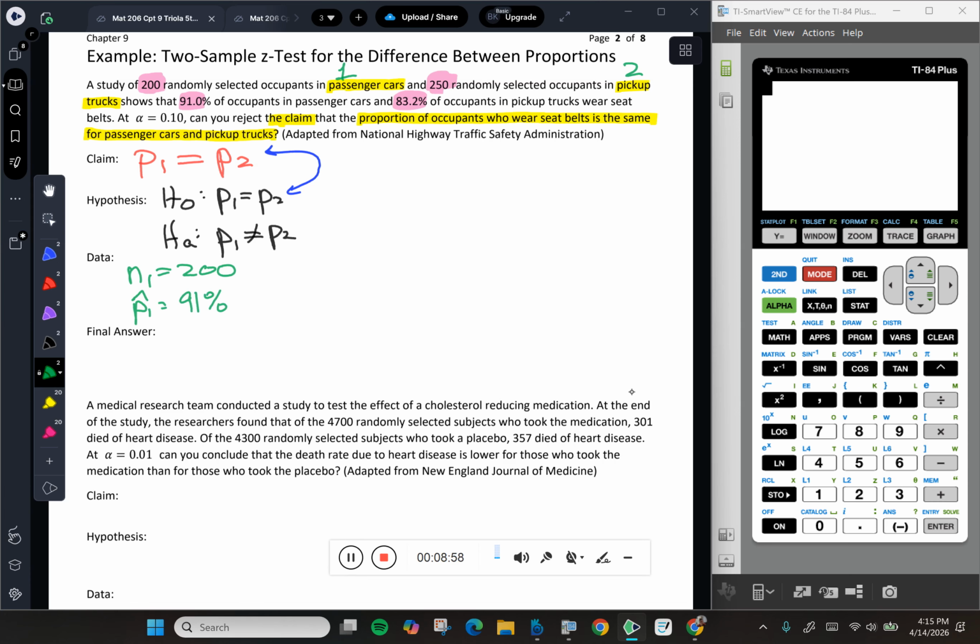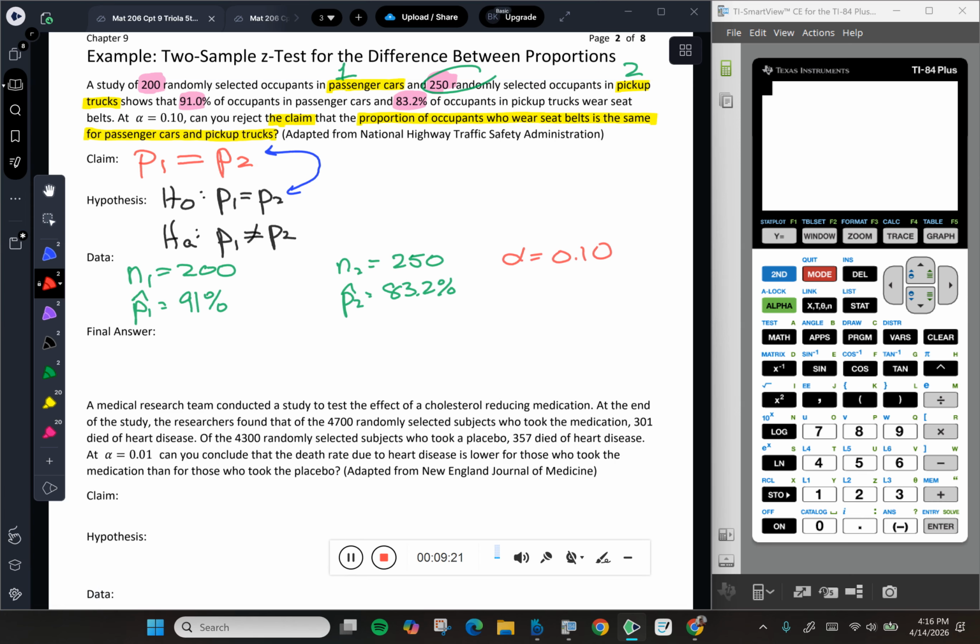I've got an N2, the sample size for group 2, which is 250, the 250 occupants in pickup trucks. I've got a P hat for group 2, which is 83.2%. I also have an alpha level of 0.10.